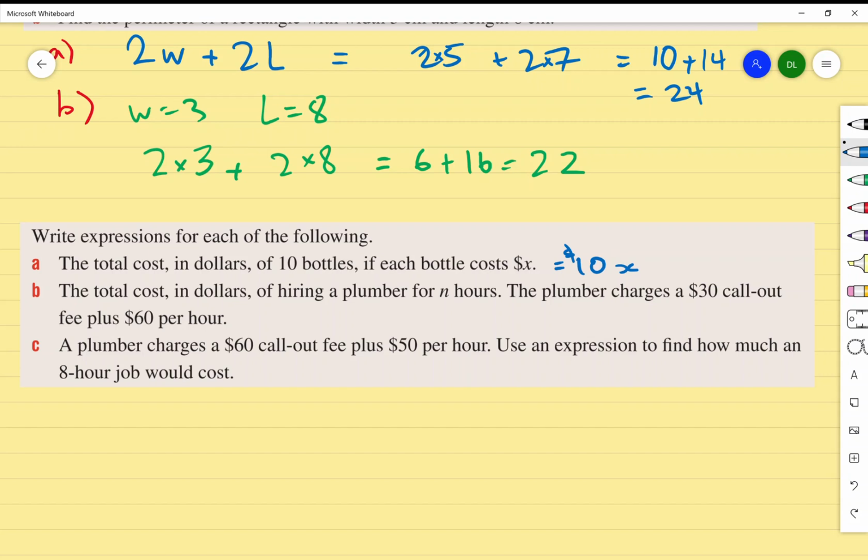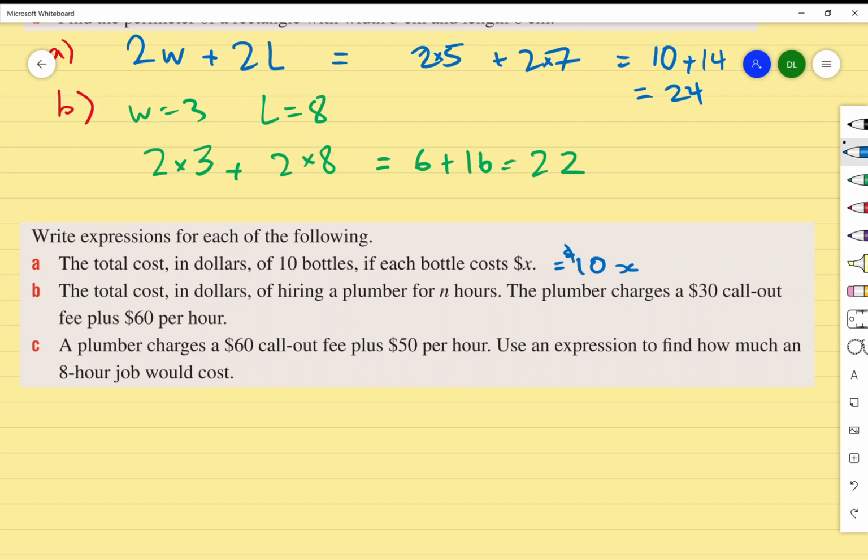So plumbers have a call-out fee. In this situation, this plumber charges a $30 call-out fee. So that's a $30 flat rate, they just get $30. And then for every hour it's an extra $60. So we need to write an expression for that. So for the total cost, we know that the $30 call-out doesn't change, right?